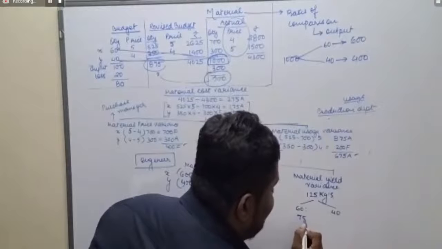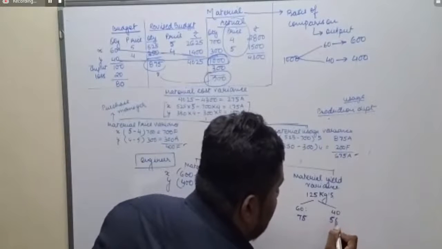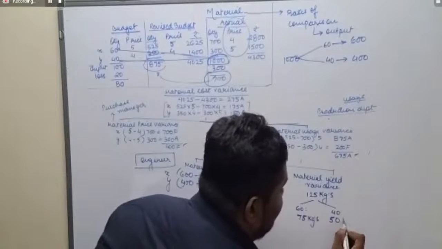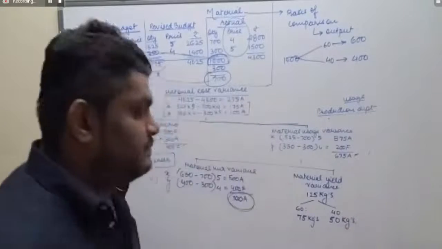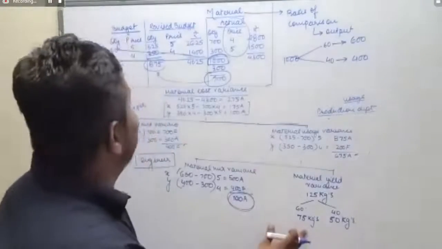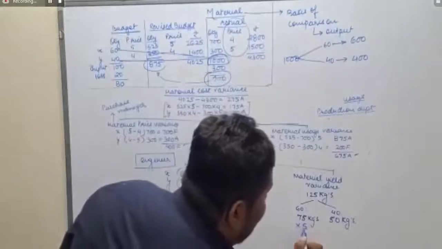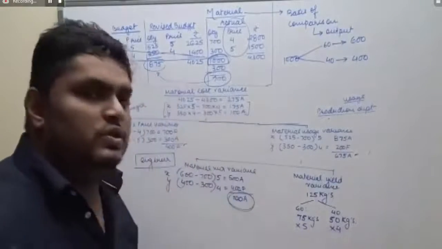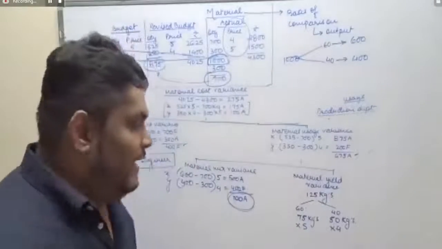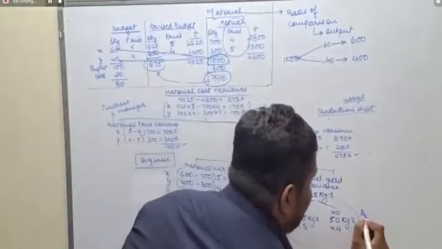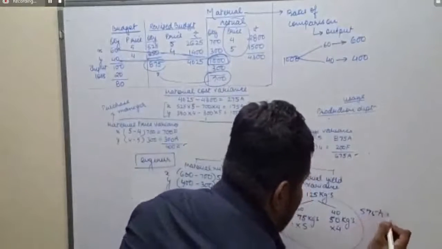That's why it should be 75 and 50. 75 kgs and 50 kgs. So 75 kgs belongs to X, so into 5, and this belongs to Y, so into 4. Again the answer will be 575 kgs.